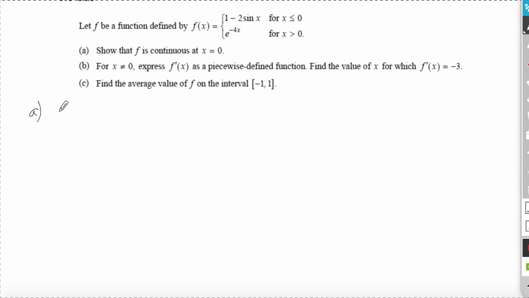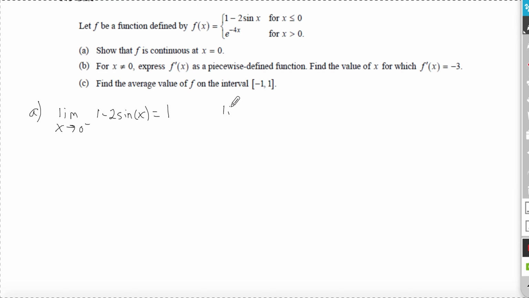So we can say the limit as x approaches 0 from the left of, the left-hand side of 0 is going to be 1 minus 2 sine of x. So as x approaches 0, sine of 0 is 0, so this is 1.